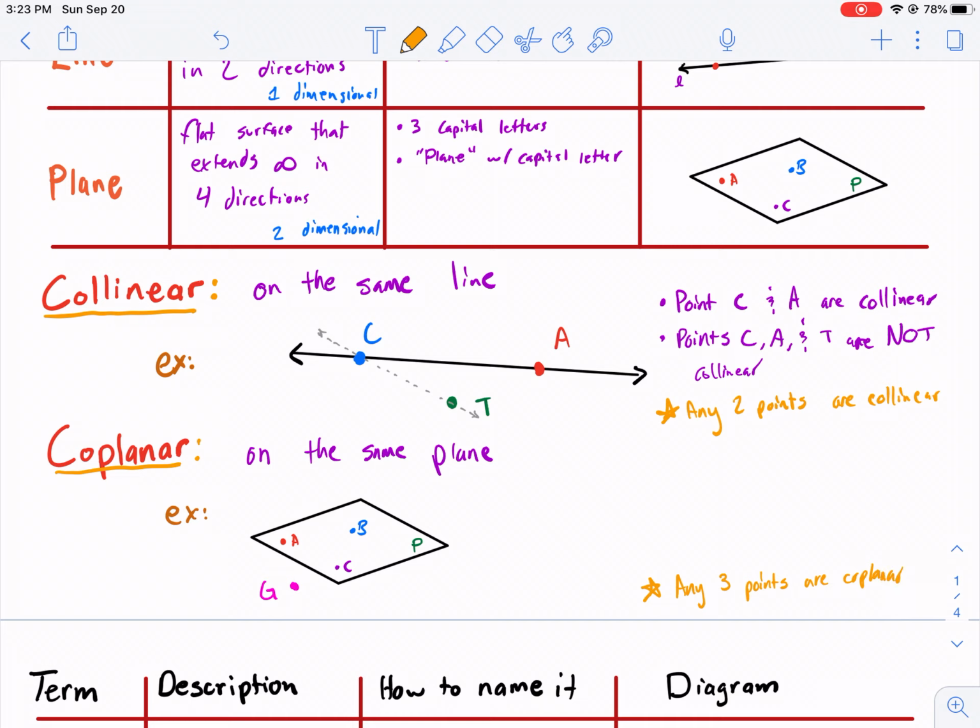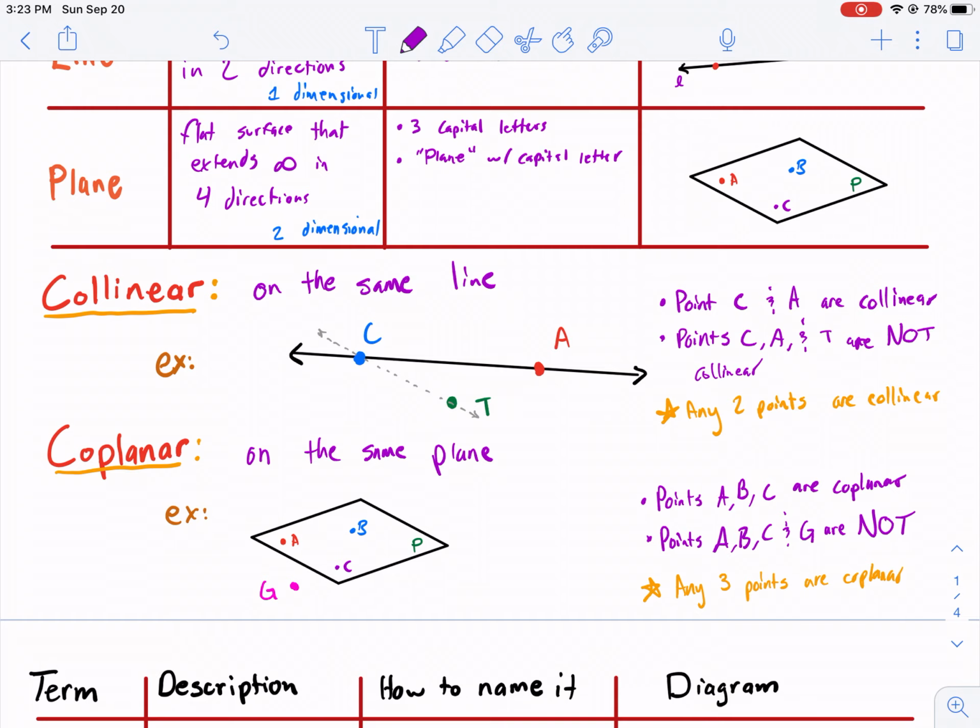So clearly we have A, B, and C are coplanar. But if we add a 4th point in there, that's when we need to be careful. So let me write that down. Points A, B, C are coplanar. But when we add a 4th point, that's when we need to be like, okay, let's take our time. Let's figure this out. Points A, B, C, and G are not coplanar.